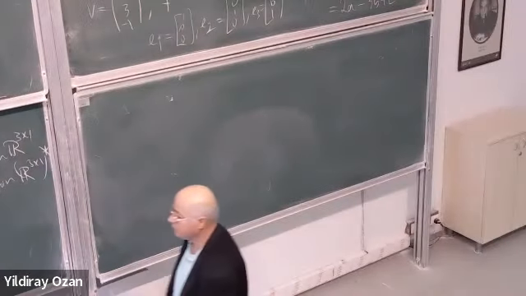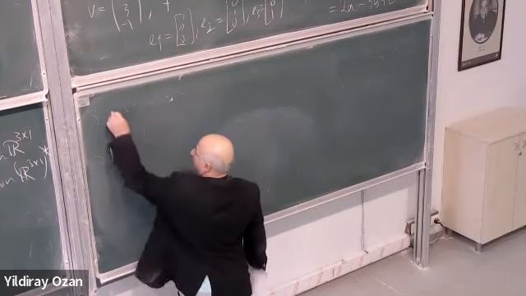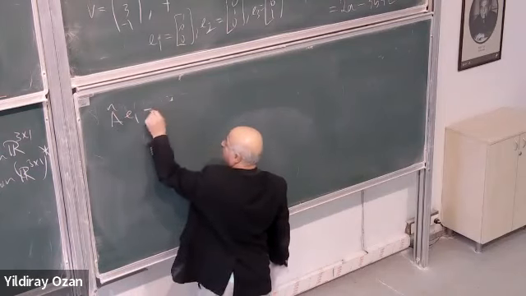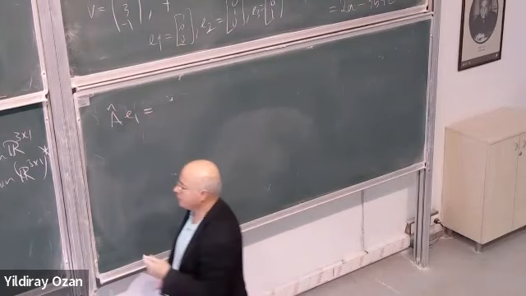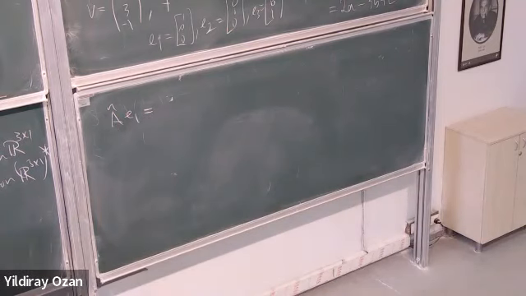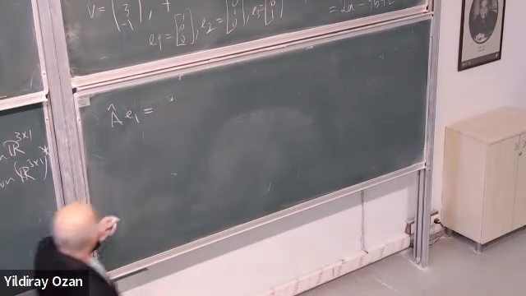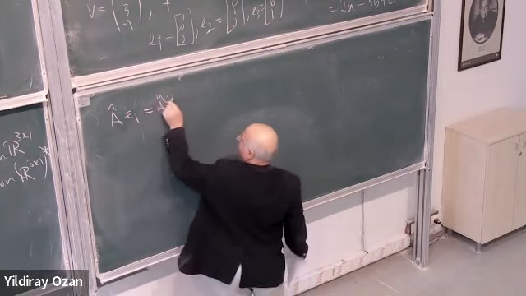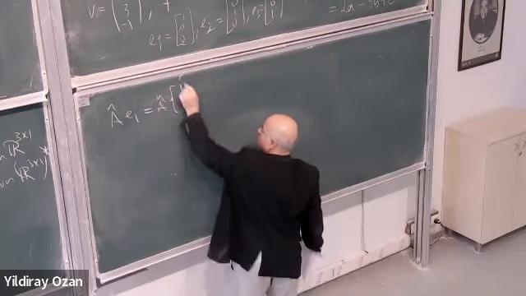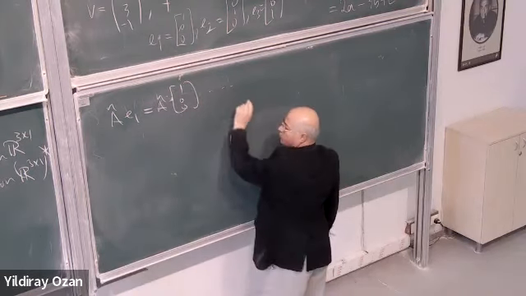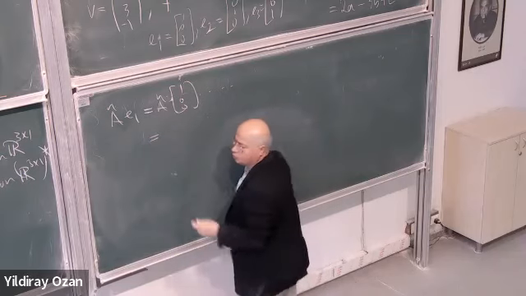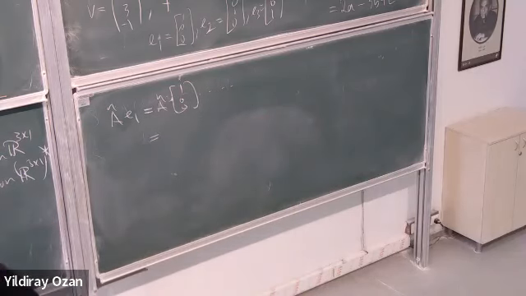Okay. What is A hat E1? A hat E1, actually, I can compute it like this, 1, 0, 0, and so on. But I don't need to do this because I am already given the matrix representation of this in the canonical basis.